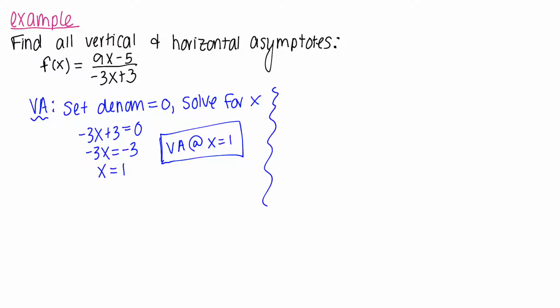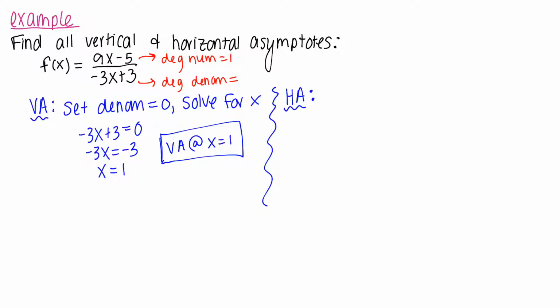All right. For the horizontal asymptote, we're comparing the degree of the numerator to the degree of the denominator. The highest powered term in the numerator is just x raised to the first power. So the degree of the numerator is 1. And the degree of the denominator is also 1.